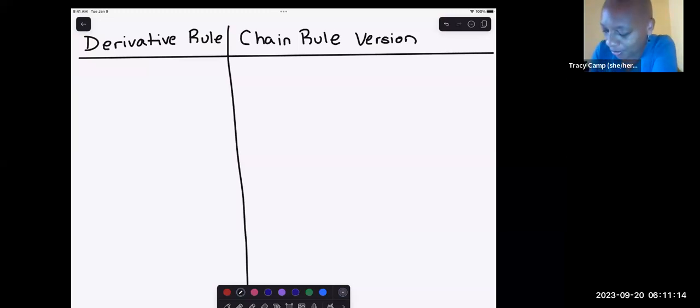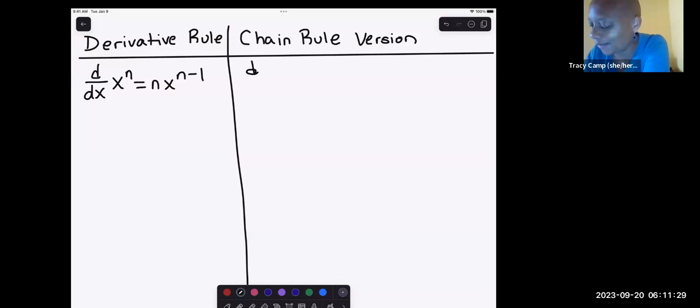But like the power rule, for example, this one that we just looked at, you're going to use the chain rule version of this if instead of x to the n, you have some function that's not just an x raised to the power of n.